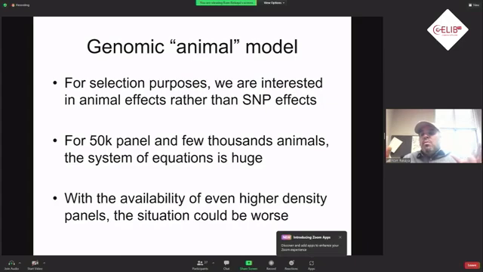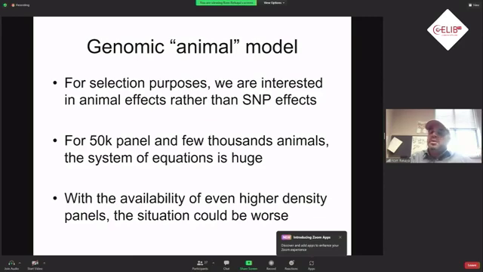Now, with this genomic animal model, the dimensionality of the model is not a function of the SNPs. The dimensionality of the model is associated with the number of individuals we have in the pedigree. So when we talk about dimensionality of the model, it's the same as if you are using pedigree information.